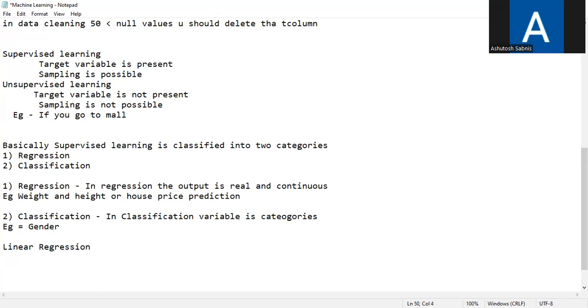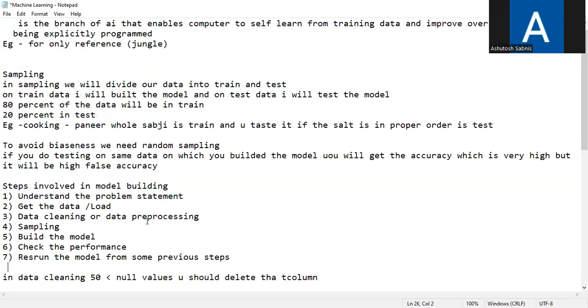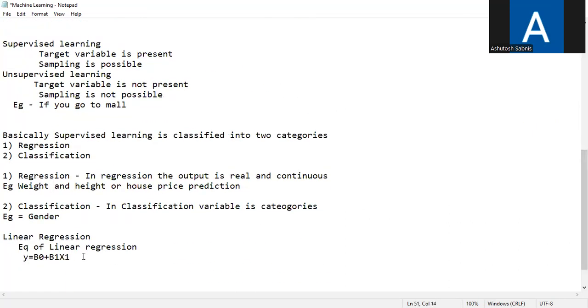So what is the equation of linear regression? The equation of linear regression is Y = b0 + b1x1 + b2x2 + ... + bnxn.